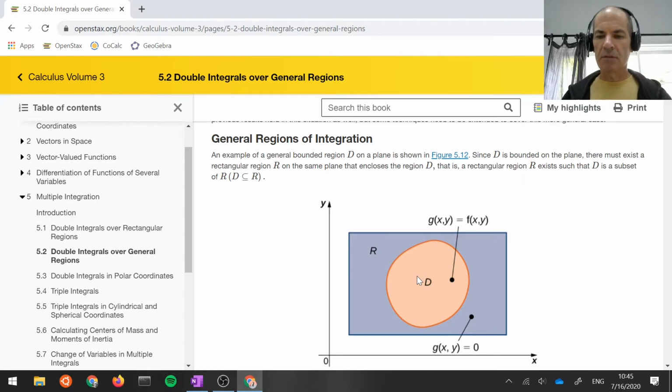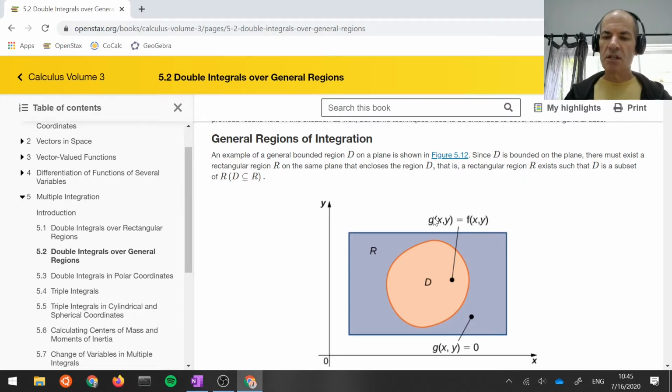What we're going to do is, at least technically, since it's a bounded region, find a rectangle that contains that region. And if we're interested in integrating some function f over the region D, what we're going to do is extend f out to some enclosing rectangle by just making it 0 outside.